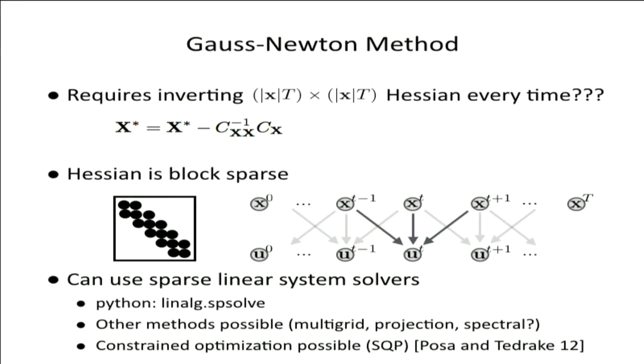Yes, but the nice thing is that this Hessian is actually very sparse, because, as you saw from the dependency chain, any particular feature at any particular time only depends on, say, 3 neighboring states. So in the Hessian, for any particular feature, you only have a small block, a small region of dependencies.